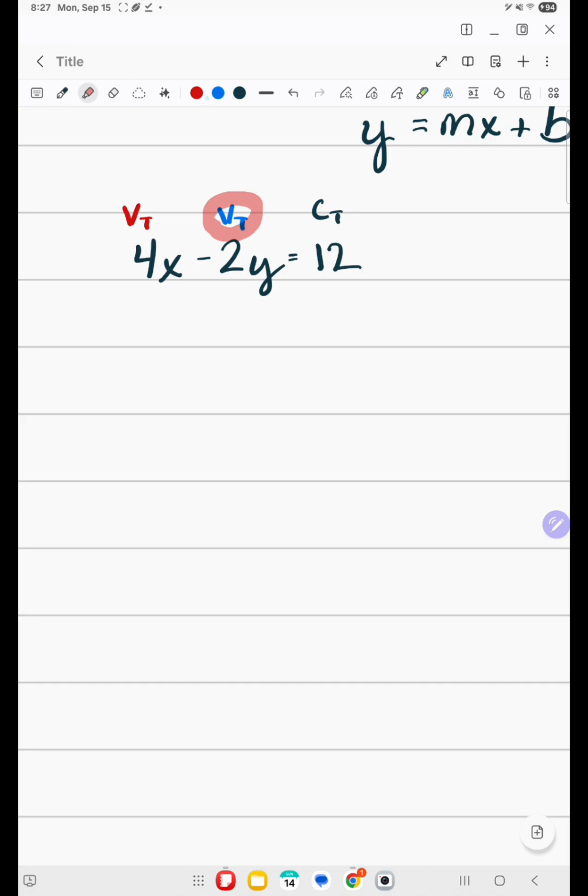So let's go back over what we learned before. To get the variable by itself, if we want to move the variable term, we move its opposite. So that's a positive 4x, and we use a negative 4x on both sides.